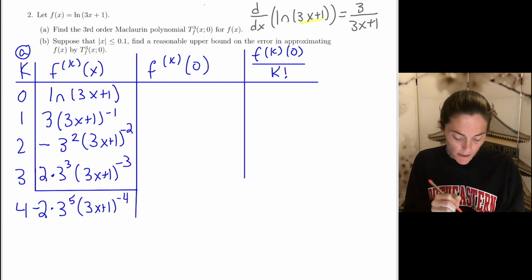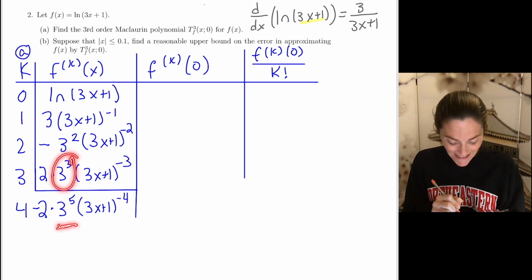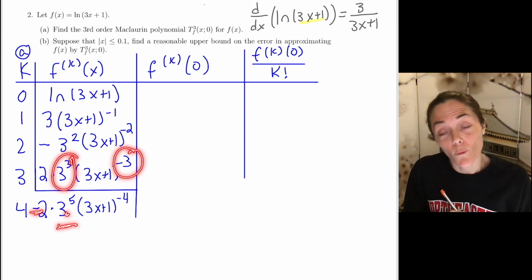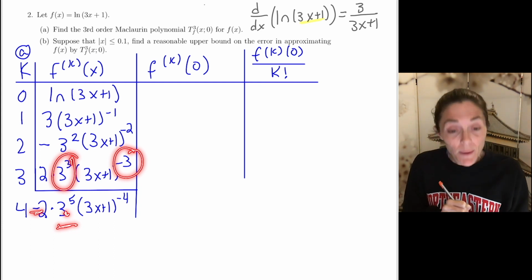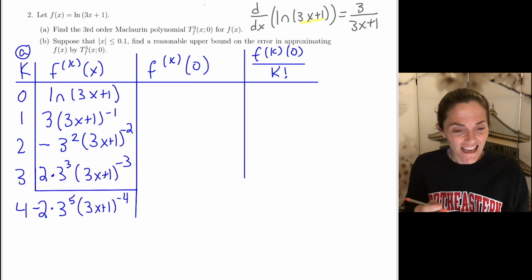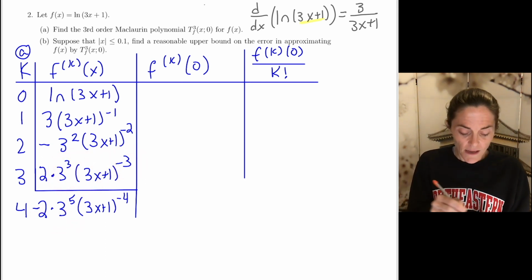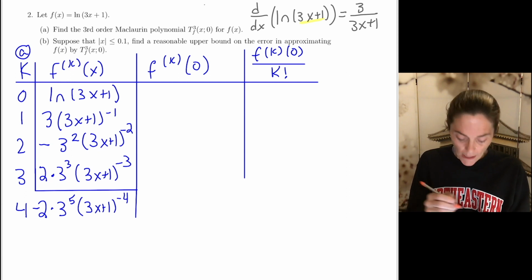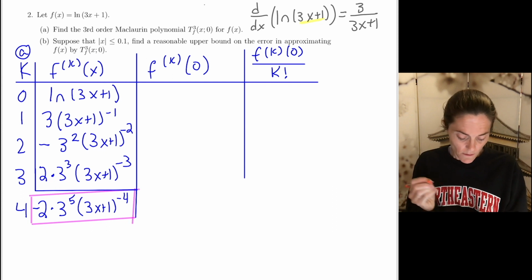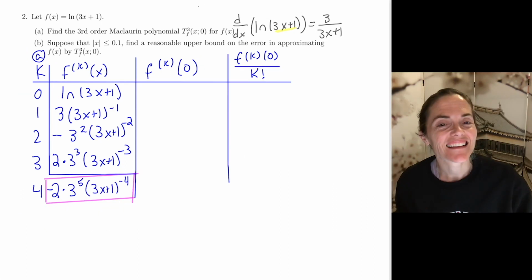Because we have the 3 cubed gets recopied, the minus 3, there's a minus, and that would be a 3 to the 4th when we multiply. But then I have times the derivative of the inside function, which is 1 more times 3. And so that's how I get this all together. This is my fourth derivative.